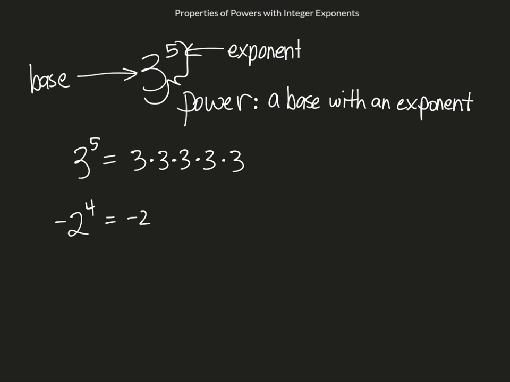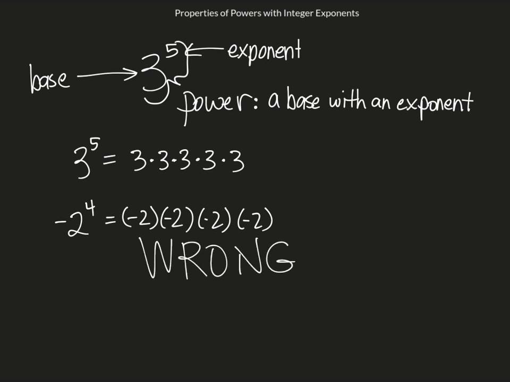If you wrote -2 times -2 times -2 times -2, you are wrong. Why are you wrong? Well, let's go back and look at what the exponent is and what the base is. What is the base?